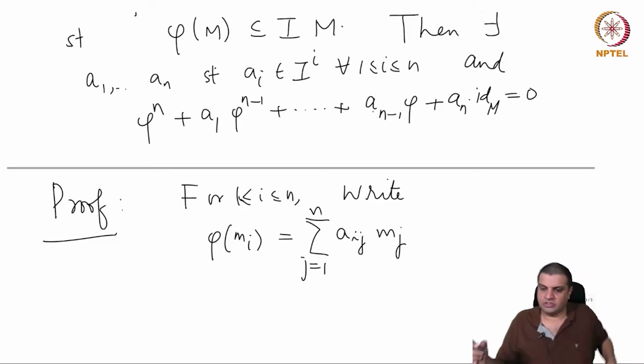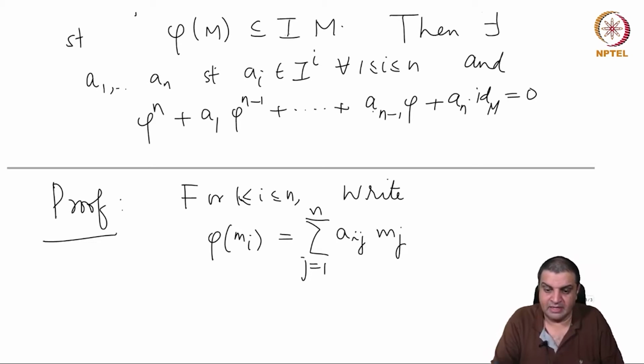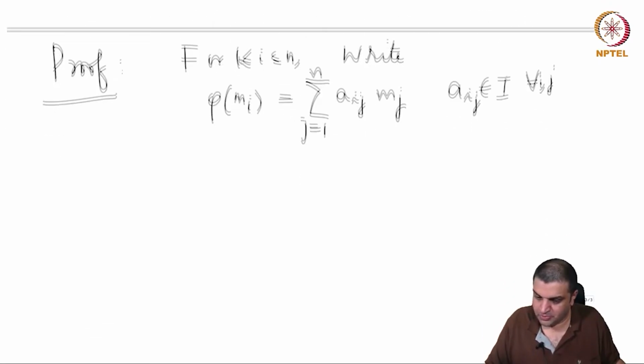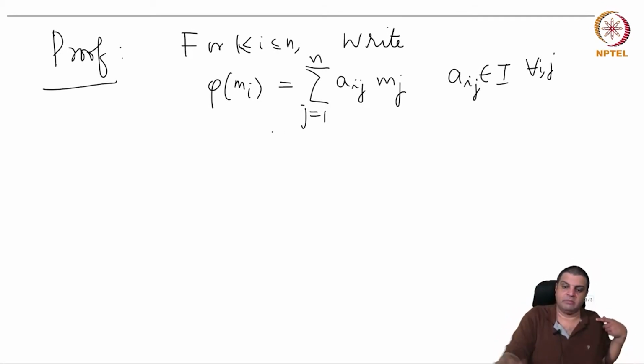Okay, so let me just explain why this is possible. Phi of mi is an element inside IM, so we can take some element of the ideal times m1, plus something in I times m2 and so on, and when we combine it we will get an expression like this. Okay, so the aij will be inside I. So this is the observation that such a thing can be written for each i.